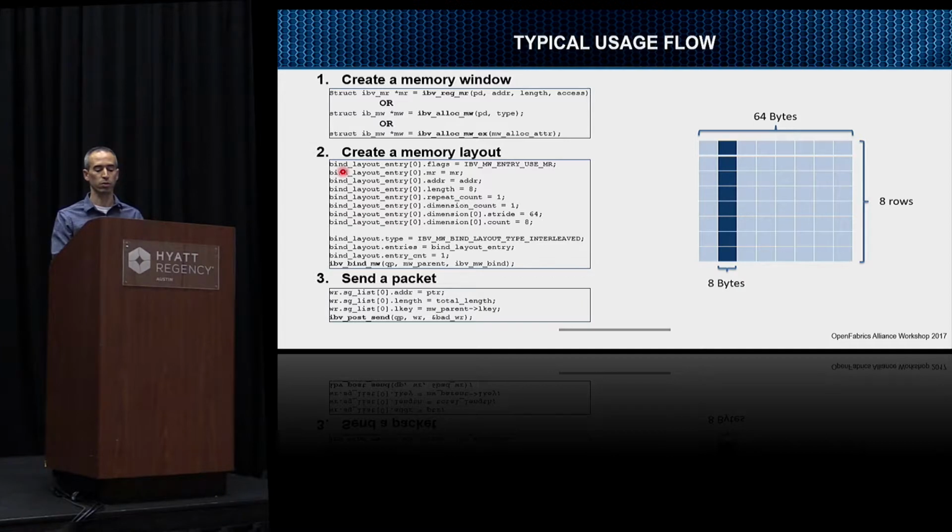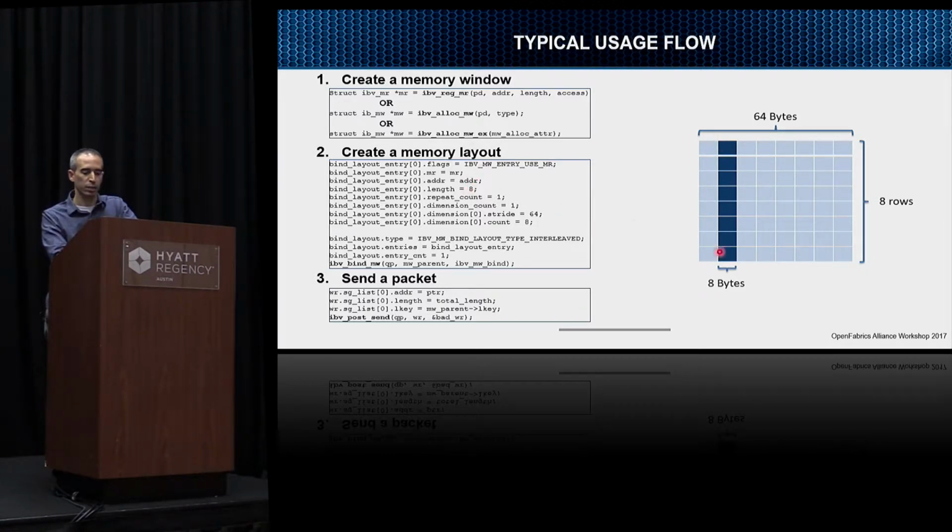And how do we do that? We use the memory layout. We use a single entry in this case. We specify the MR, that's the MR that was the output of the creation in step 1. Then we write the address. The address here, if we are registering the second column, would be the offset from the start, so it would be 8.